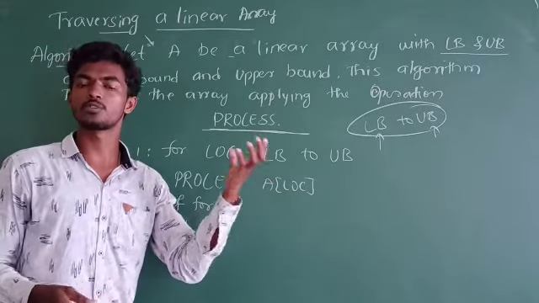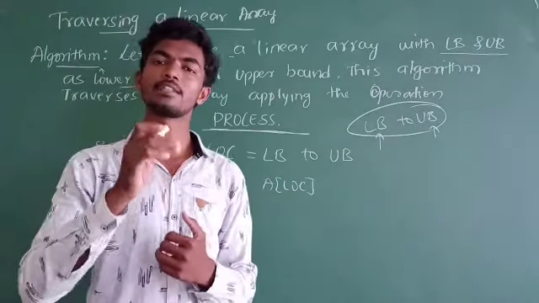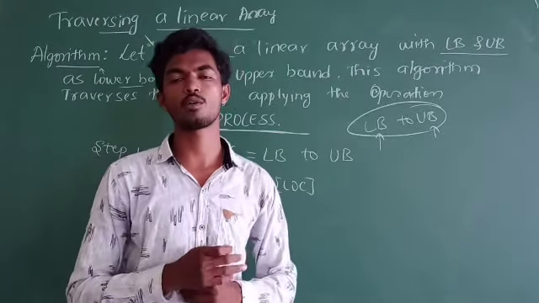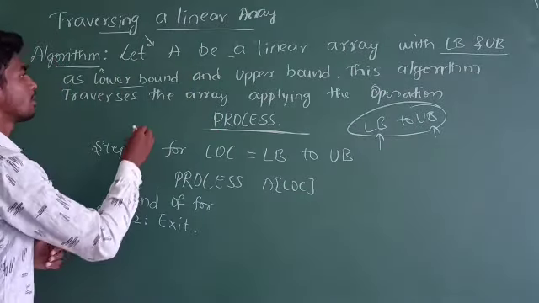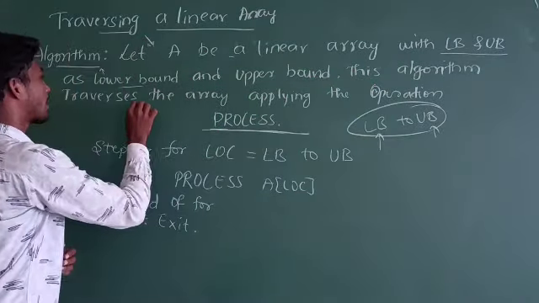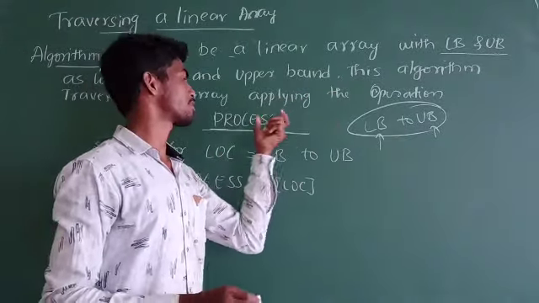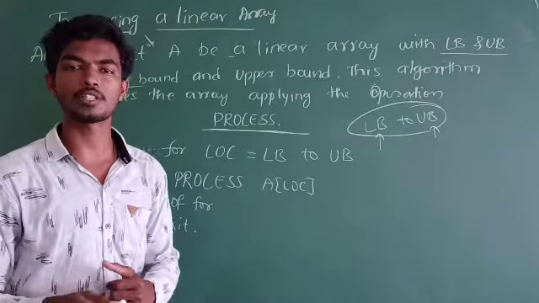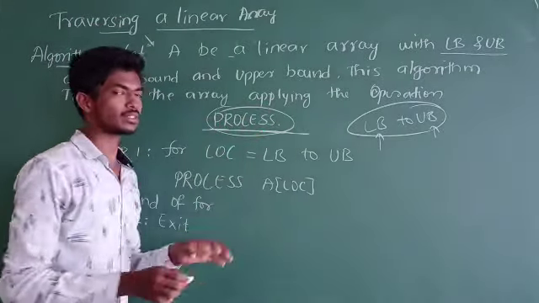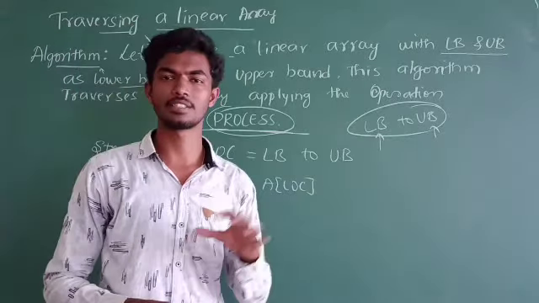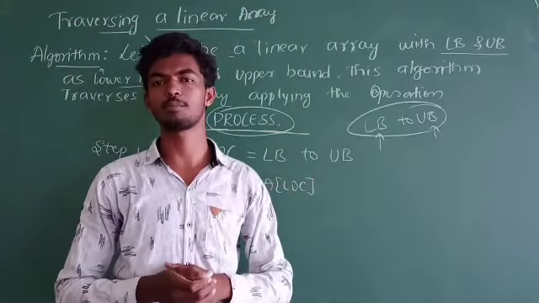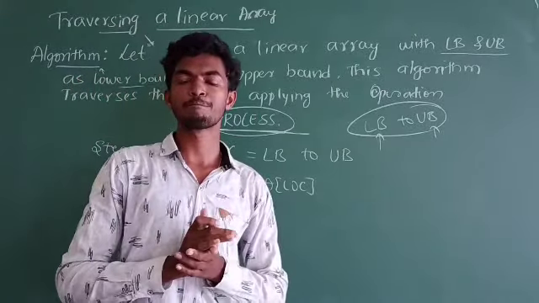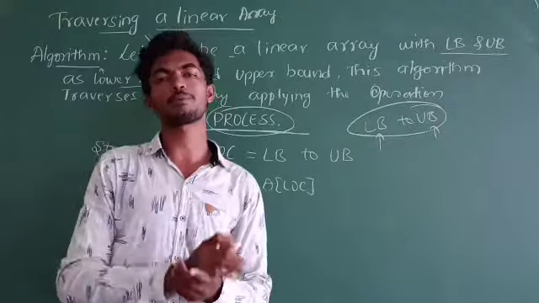In this algorithm, we are using an array called A, and it has LB and UB, referred to as the lower bound and upper bound. Then this algorithm traverses the array applying the operation process. Process is just a name; to traverse the elements of an array, we use an operation called process.